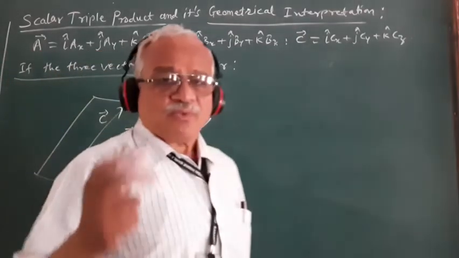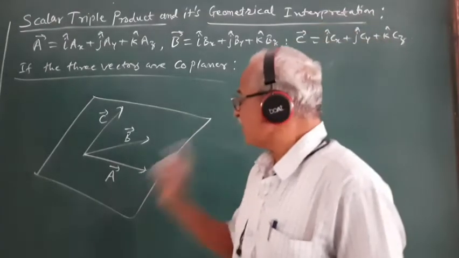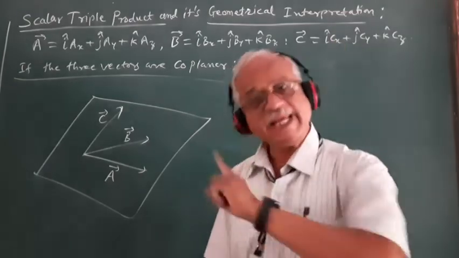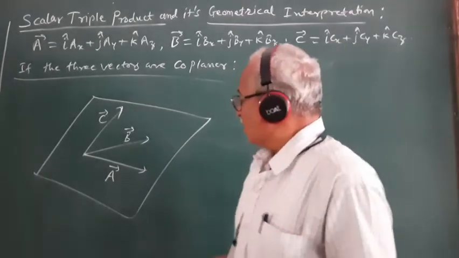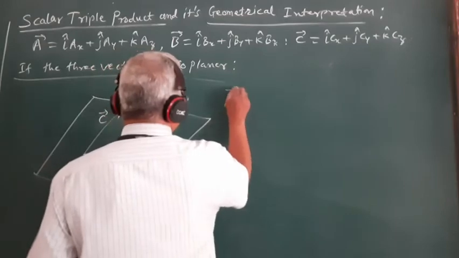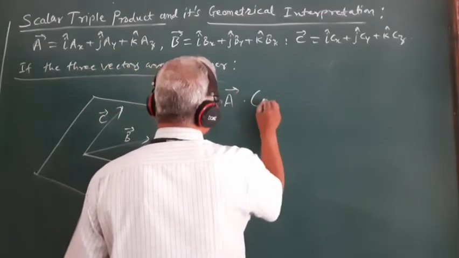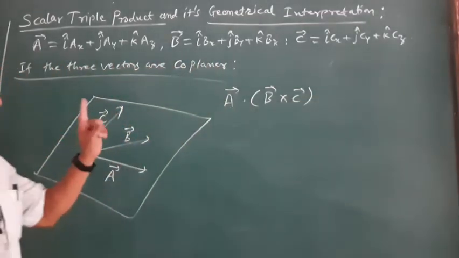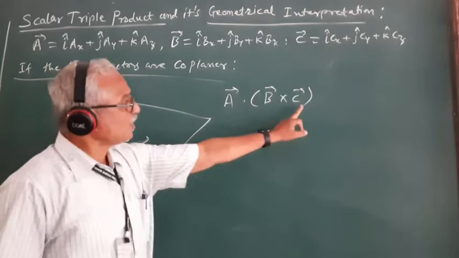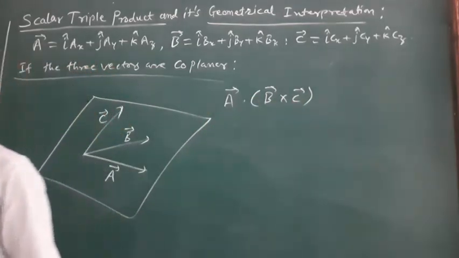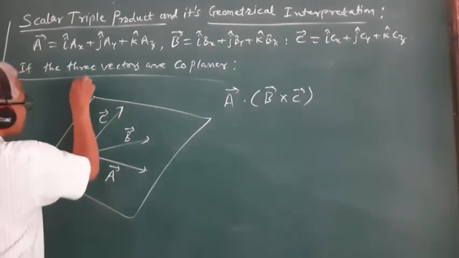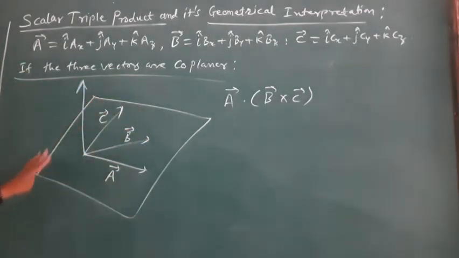Now, if we want to evaluate the scalar product of such three vectors which lie in the same plane, let us consider this scalar product is expressed as a bar dot b bar cross c bar. First, if we evaluate the cross product of b bar and c bar, this cross product will be perpendicular to the plane containing these three vectors a bar, b bar and c bar.